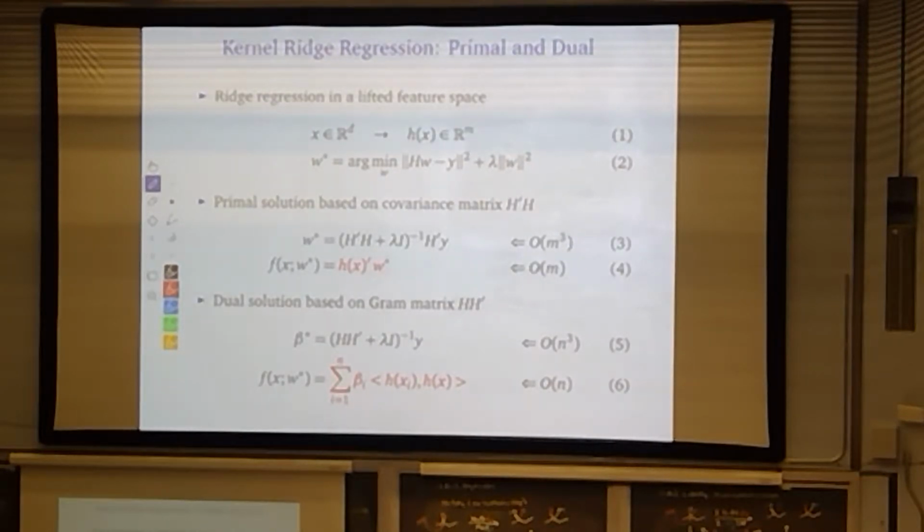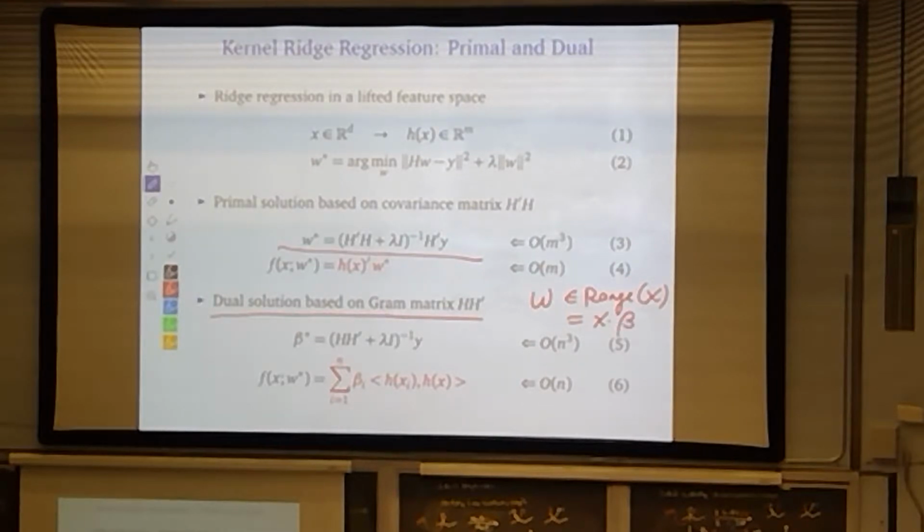So for kernel ridge regression, we have a primal solution, yes? That's clear, okay? The dual solution is based on the fact that the solution W has to belong to the range of X. So I can express it as X times beta, okay?